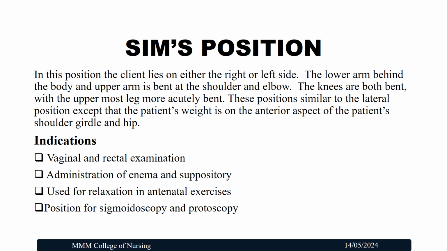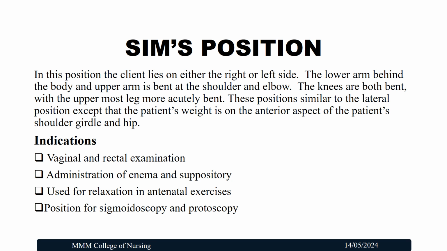Sims position. In this position, the client lies on either the right or the left side. The lower arm is behind the body and the upper arm is bent at the shoulder and elbow. Both the knees are bent with the uppermost leg more acutely bent. This position is similar to the lateral position, except that the patient's weight is on the anterior aspect of the patient's shoulder girdle and the hip.